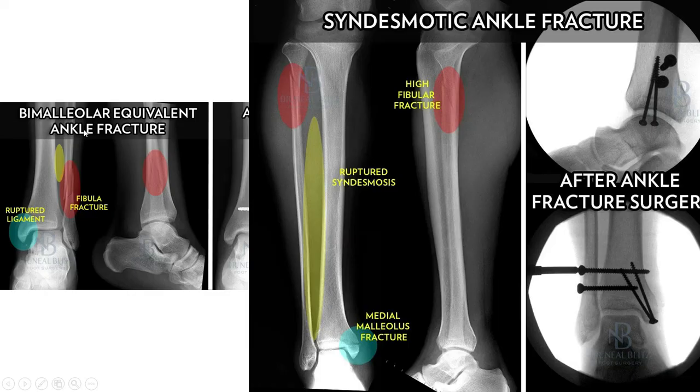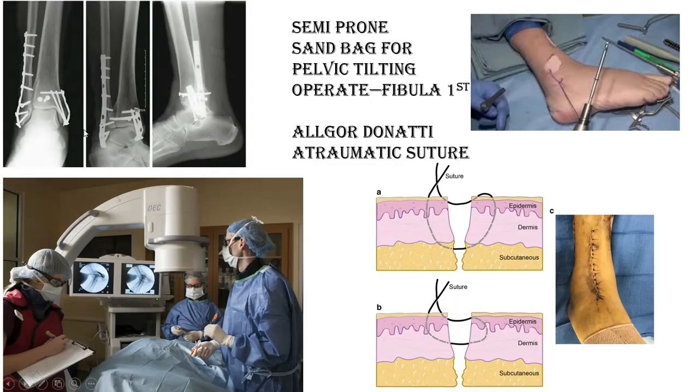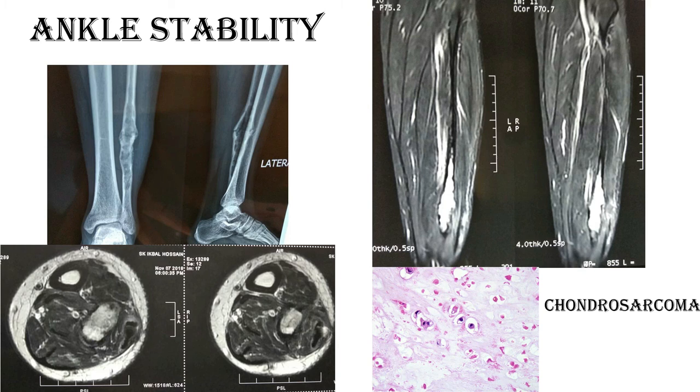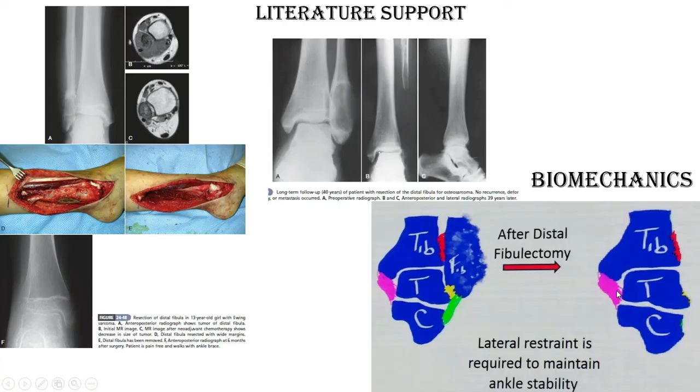I just want to share a small story from my case series. There was a case of a tumor around the distal part of the fibula, and on MRI, it involved the lateral malleolus. It was a case of chondrosarcoma. As a rule, I have to remove the whole distal fibula, the lateral malleolus.